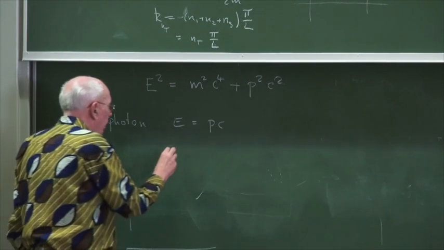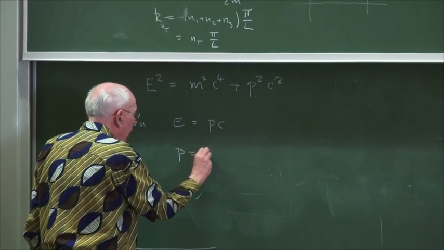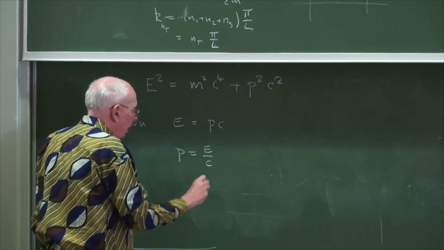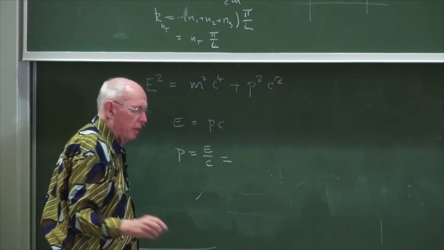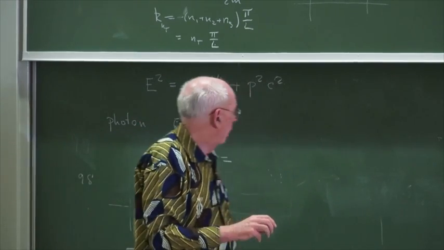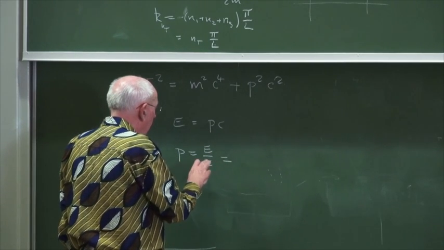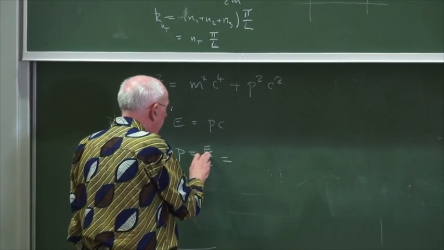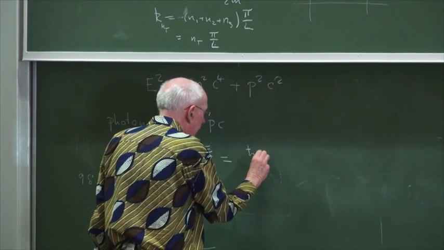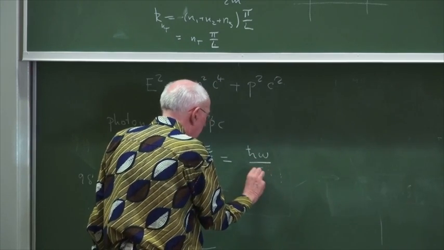And so I have P is equal to E over c. And we already know from the photoelectric effect that energy comes in packages of h bar omega, so P is h bar omega over c.